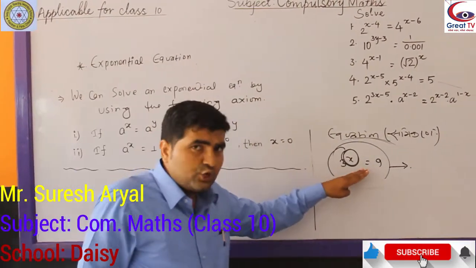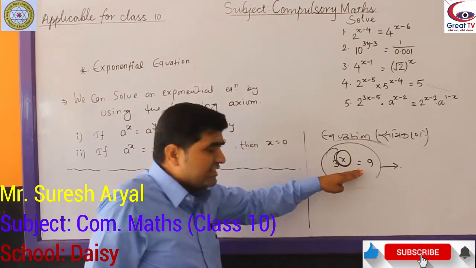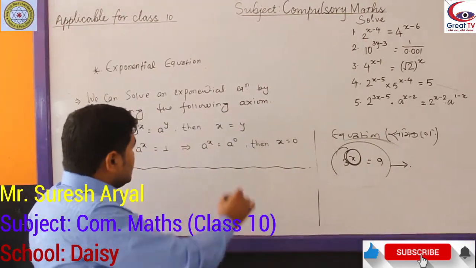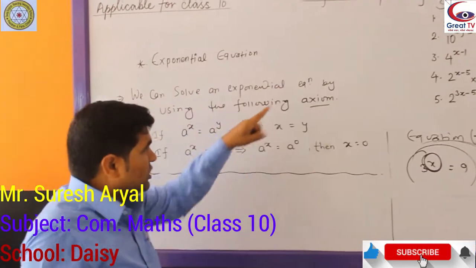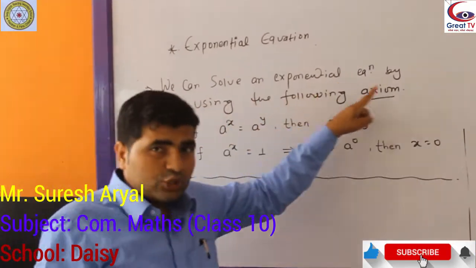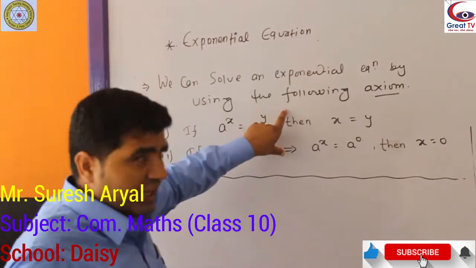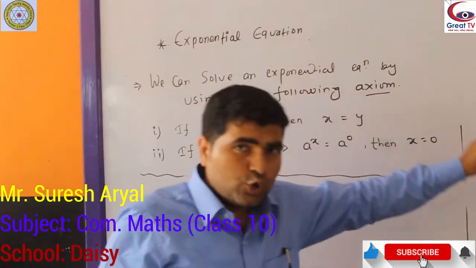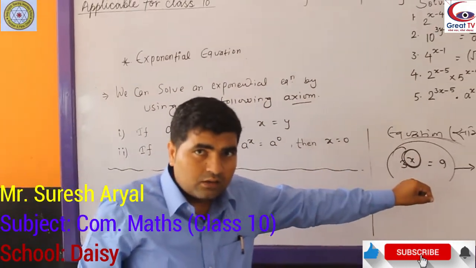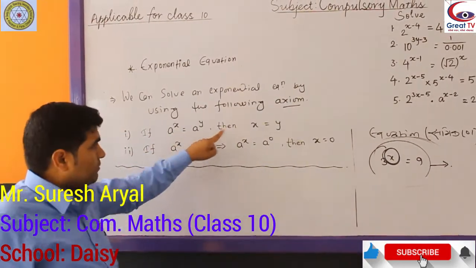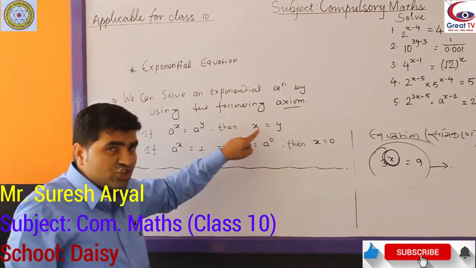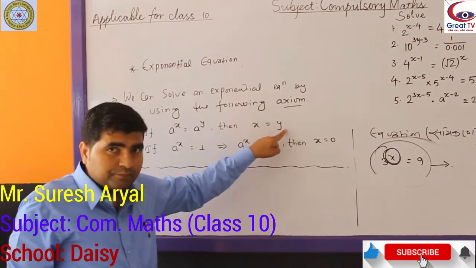There are various axioms we can use when we solve related numericals. We can solve an exponential equation by using the following axioms. The first: if a^x = a^y, then we can write x = y.